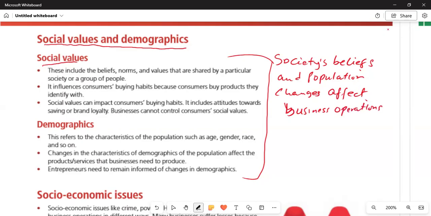For example, growing environmental awareness increases demand for eco-friendly products. That's what we are trying to say.